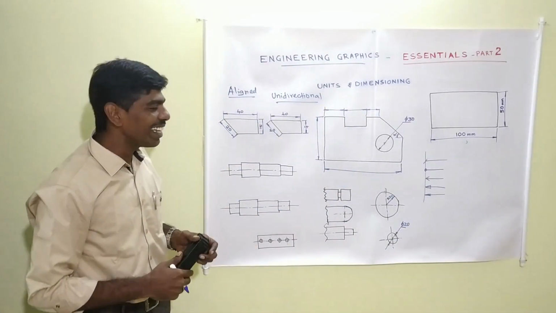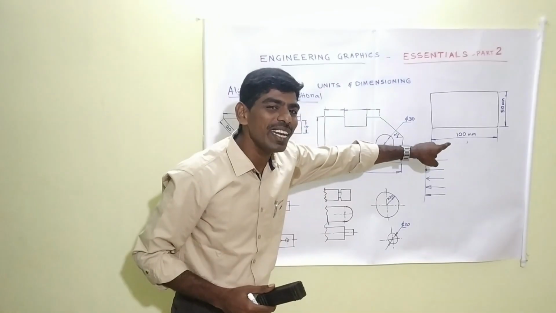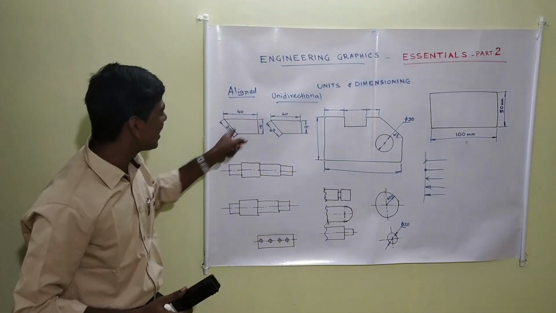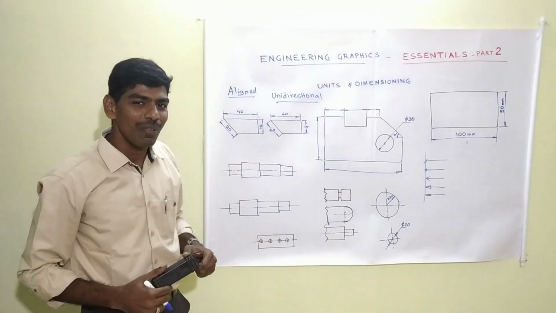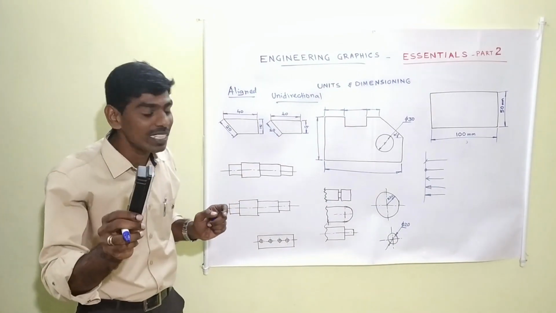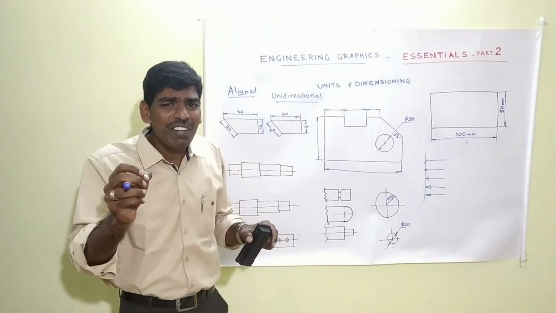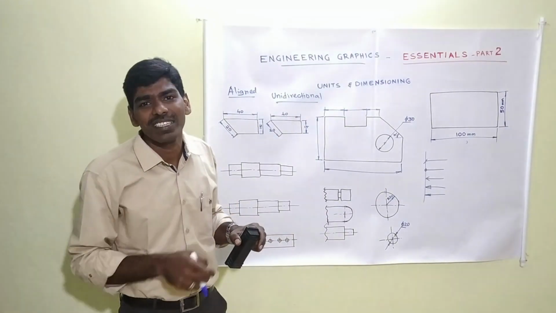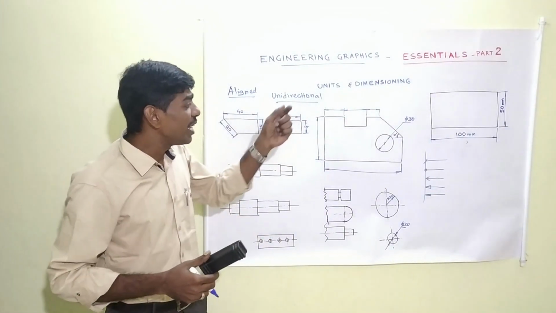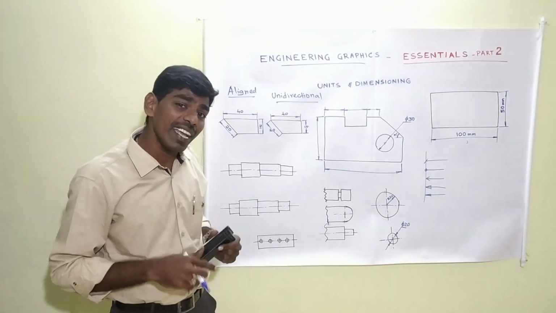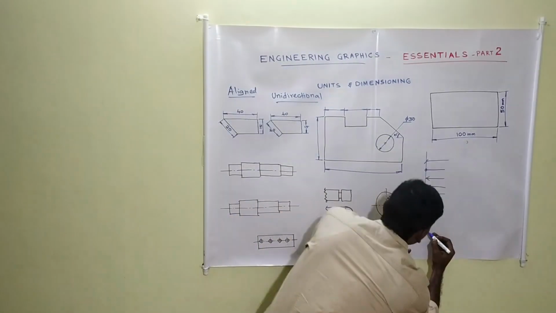Did you note that in the first diagram I made the unit next to the value, but I didn't mark these things? Yes, we have to mark. If not, we need to mention. In a particular drawing, mostly we will be following one particular unit. So rather than giving unit everywhere, instead we can give it at one place. I can give it like this.